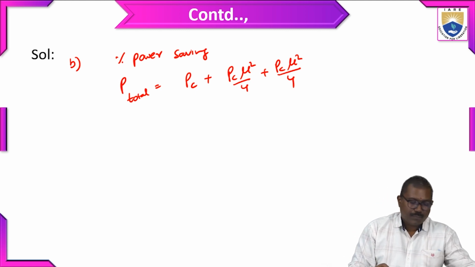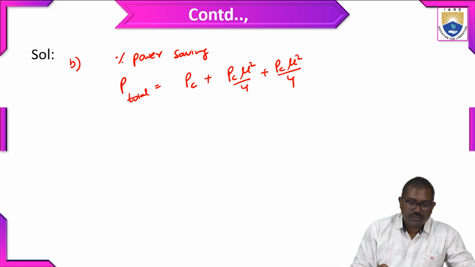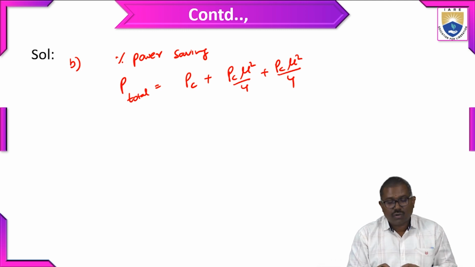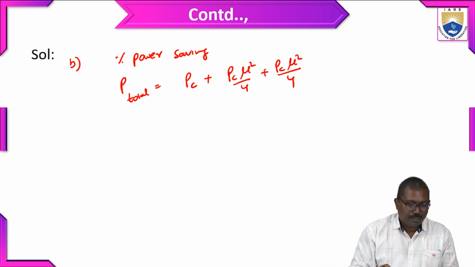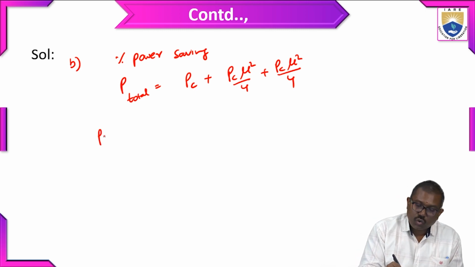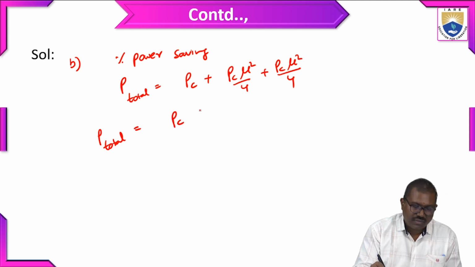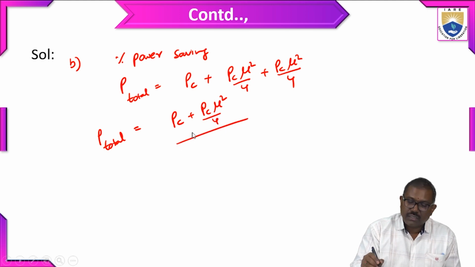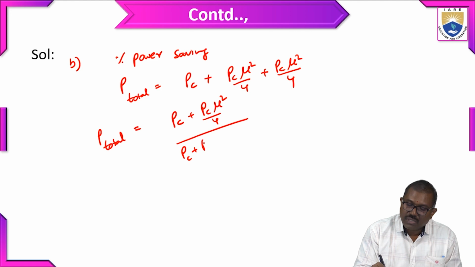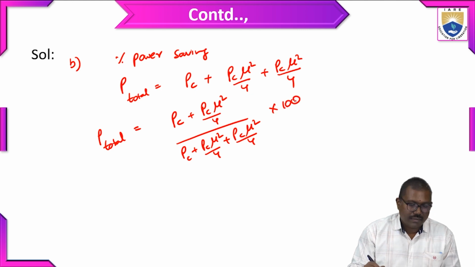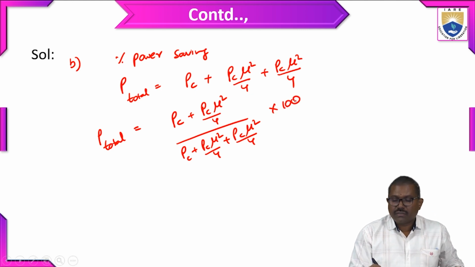So here, to find the percentage of power saving, if the carrier and one of the sidebands is suppressed, we have the total power saving as PC plus PC mu square by 4, divided by the total power, that is PC plus PC mu square by 4 plus PC mu square by 4, into 100.